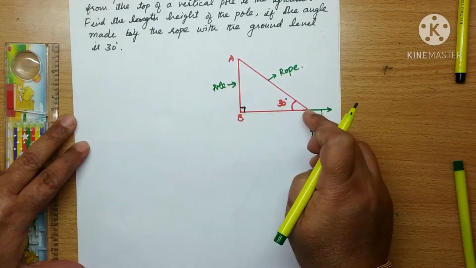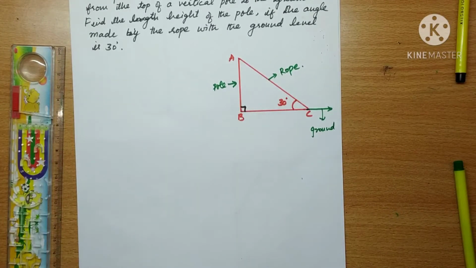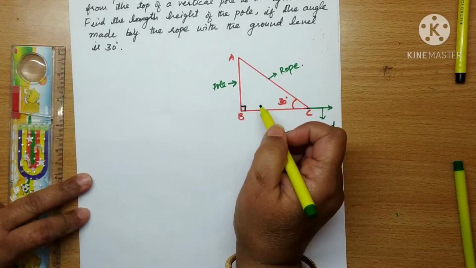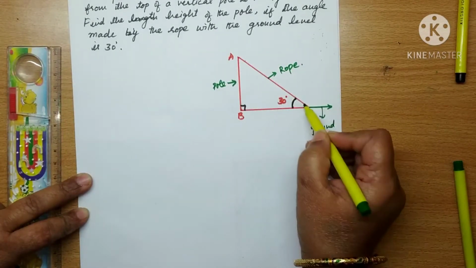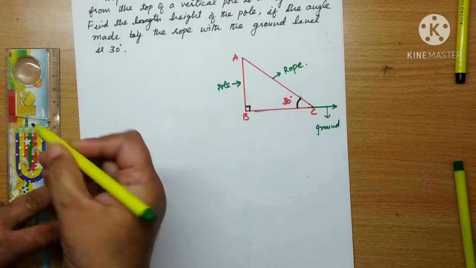Rope is stretched and tied to a point C on the ground. We need to find the height of the pole if the angle made by the rope with the ground is 30 degrees. So this angle between the rope and the ground is 30 degrees.